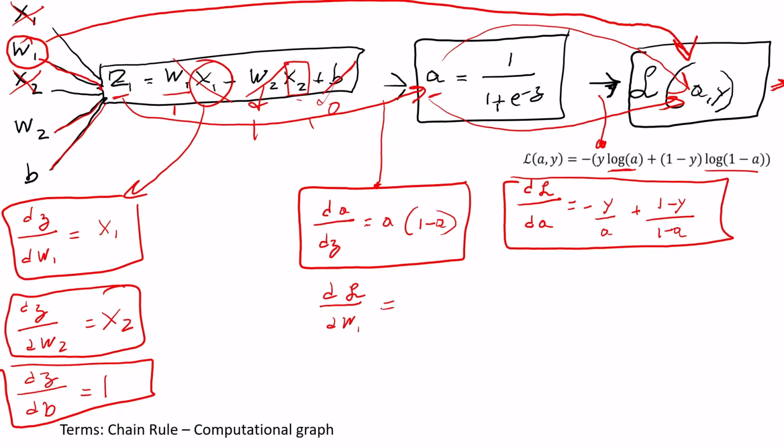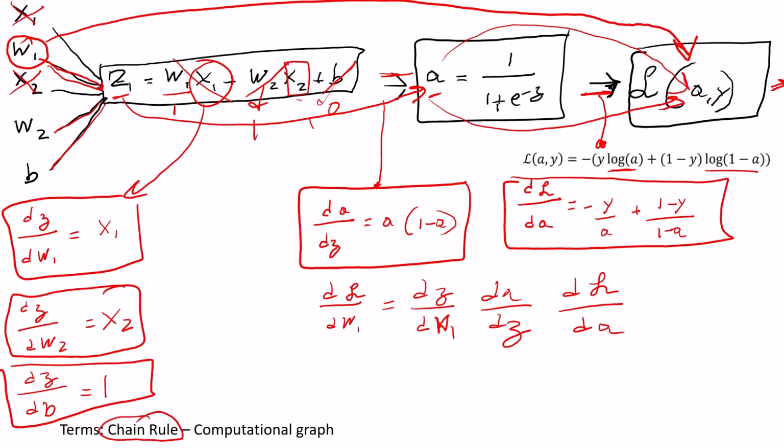We have seen that w1 has an effect on z by the following equation. So dw1 has an effect on dz, that's going through this side. If we want to go to this side, the equation is dA over dz, and if we want to go to this side, the equation is dl over dA. And what we see here is the chain rule.